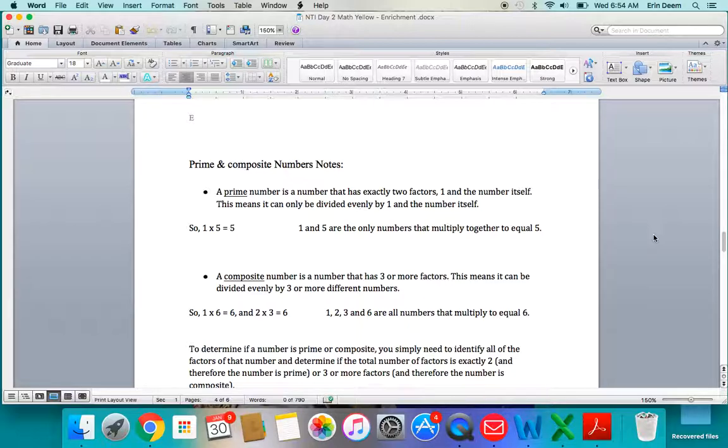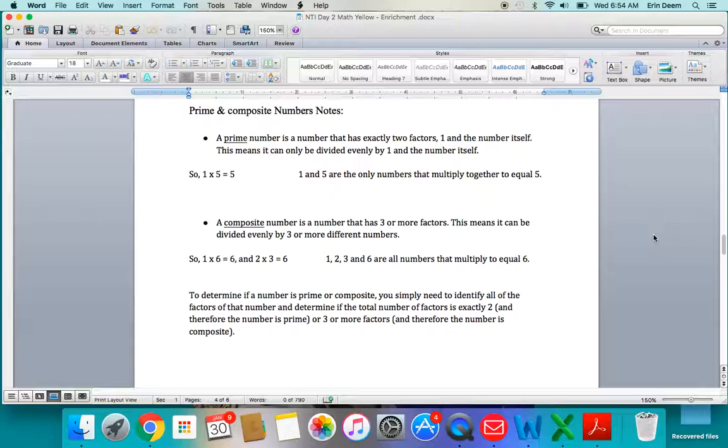A composite number is a number that has 3 or more factors. This means it can be divided evenly by 3 or more different numbers. So 1 times 6 equals 6, and 2 times 3 equals 6. 1, 2, 3, and 6 are all numbers that multiply to equal 6.